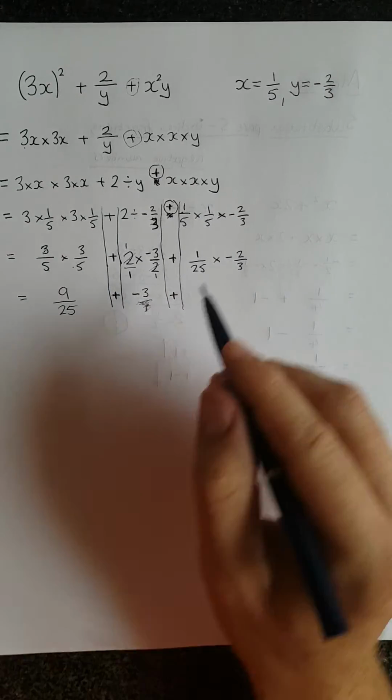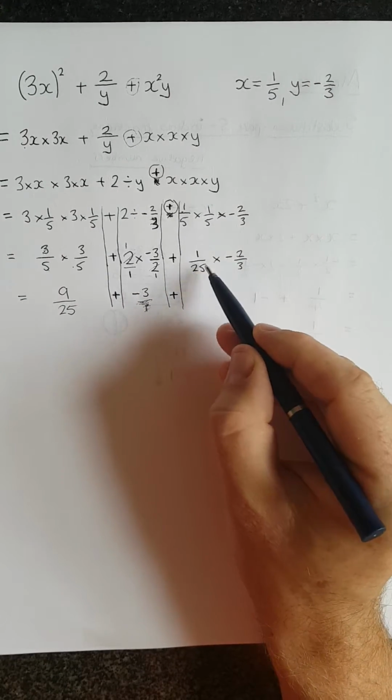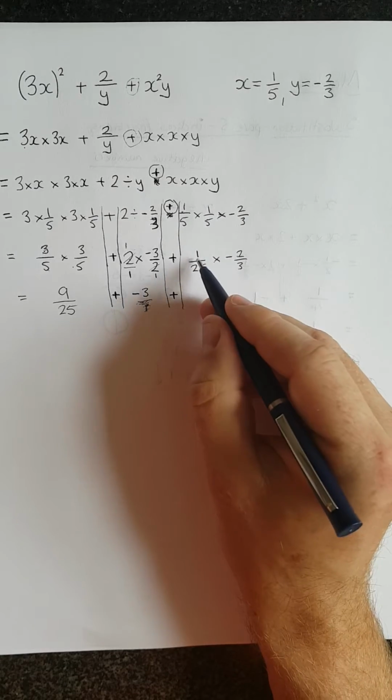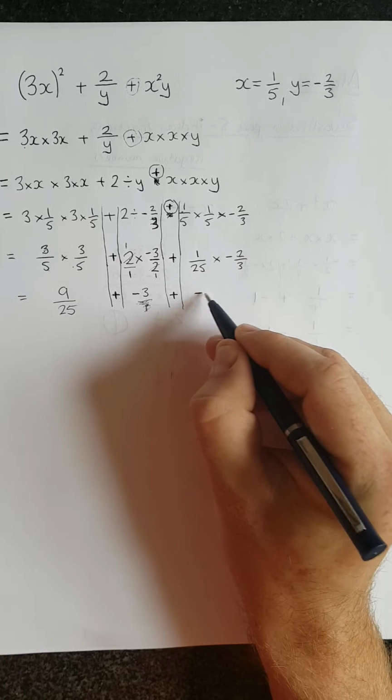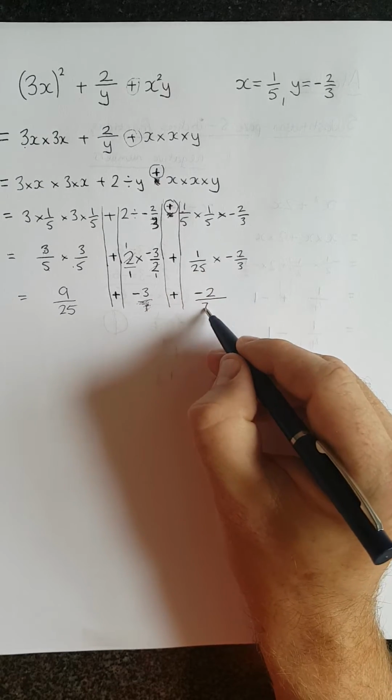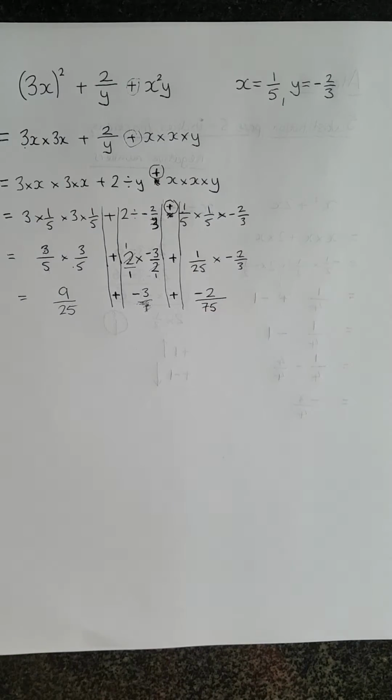Plus, no cancelling, 2 doesn't go into 25, so 1 times negative 2 is negative 2, 25 times 3 is 75.